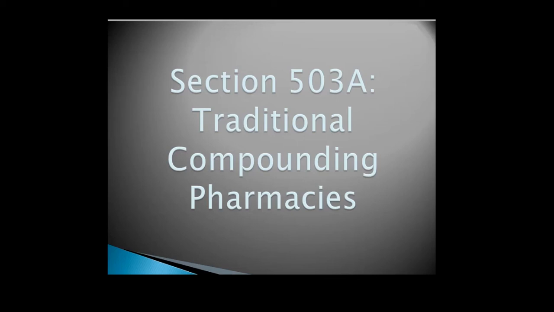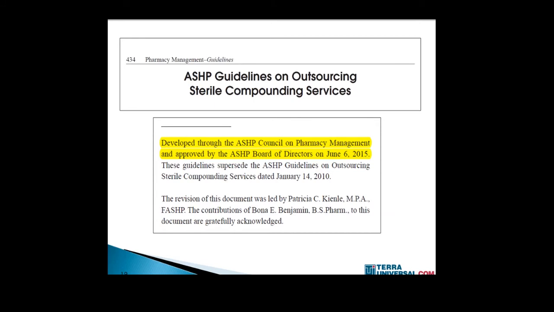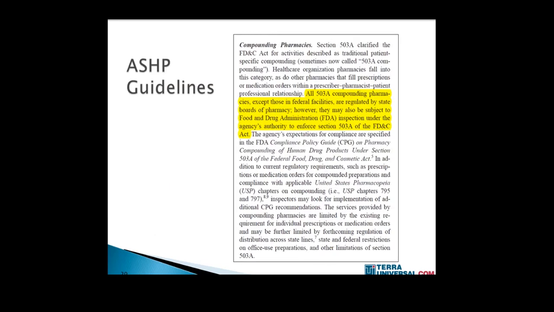Along with their recommendations for choosing appropriate outsourcing facilities, the ASHP gave an especially timely warning regarding the 503A compounding pharmacies. They took note of the fact that if the FDA has the authority to regulate pharmacies under Section 503B, then why wouldn't they also have the power to inspect and regulate Section 503A traditional compounding pharmacies? Well, that's exactly what happened.